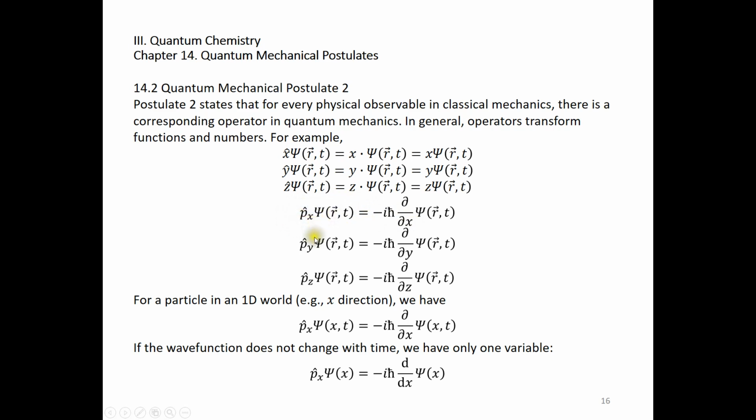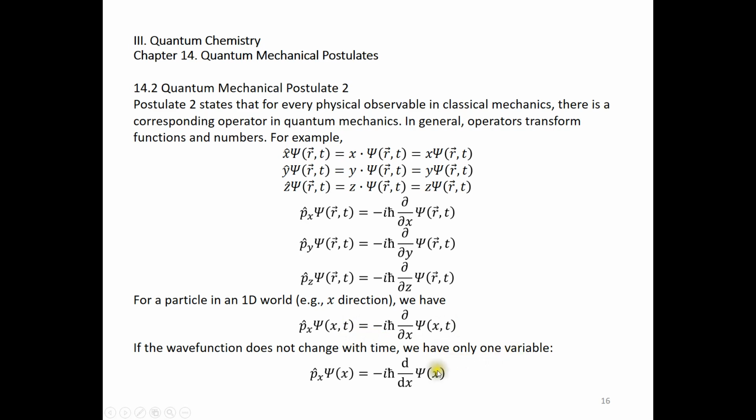And we have x, y, and z directions. We have similar equations. Now for a particle in a one-dimensional world, let's say the x direction, we have this simple equation. We apply the momentum operator to psi. We get negative i h bar times the first derivative of psi with respect to x. If the wave function does not change with time, then we lose this variable t.